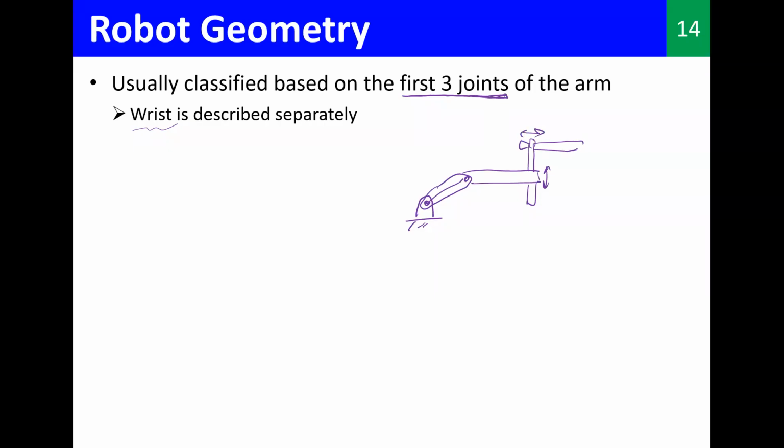So another prismatic joint, and let's say we have a revolute joint that can rotate like this, and we have the end effector. This is the end effector. So for this particular classification, as I told you, we will only look at these first 3 joints.